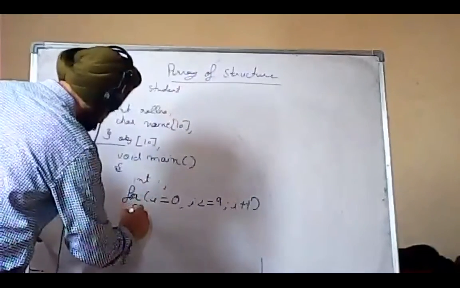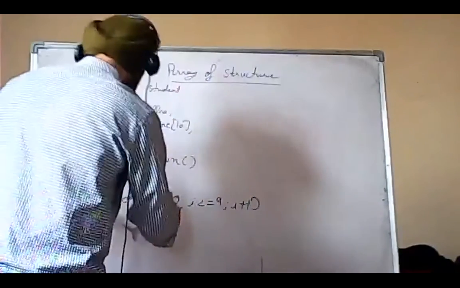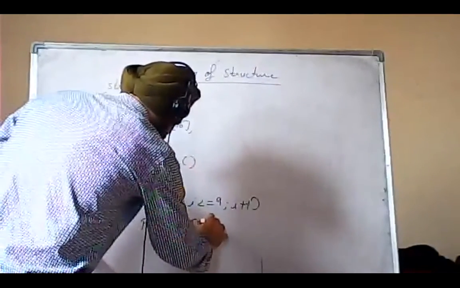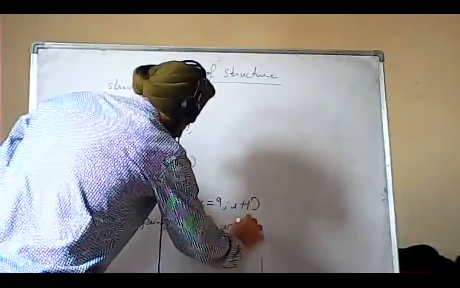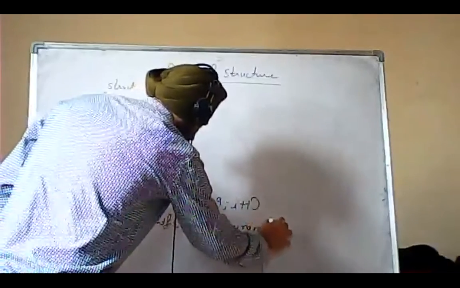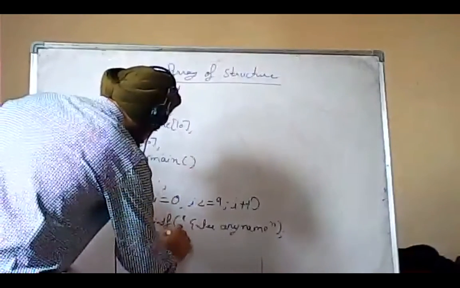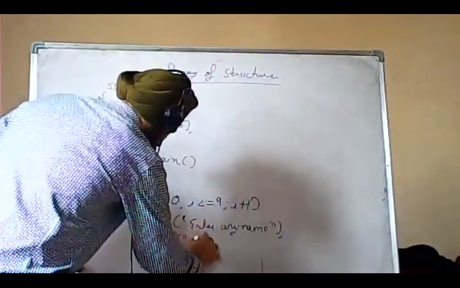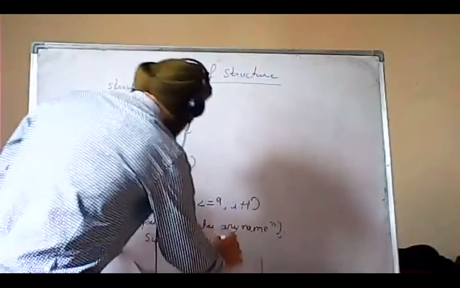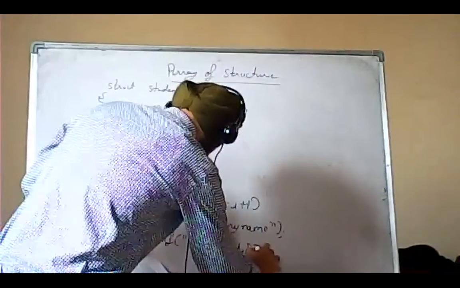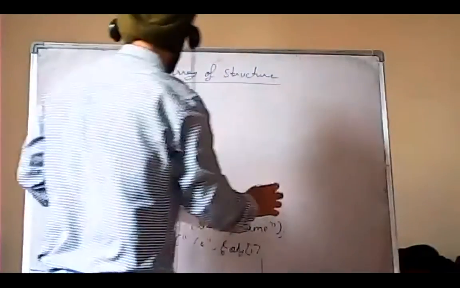And now the next step is to input the value. I'm just going to open a compound statement for this for loop, and I'm just going to write printf, enter any name. Second, we have to input the value: scanf percentage s comma ampersand obj i, then dot name variable.